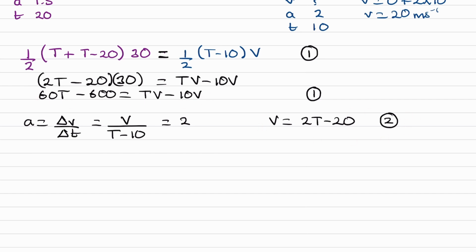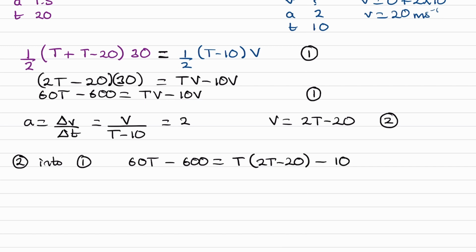So we can substitute equation 2 into equation 1, so I'll replace all of the v's, these two v's here, with 2t minus 20. And we end up with 60t minus 600 is equal to t times v, which is now (2t minus 20), minus 10v, which is now 10 times (2t minus 20).